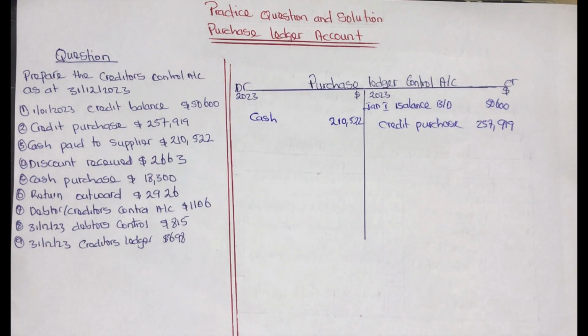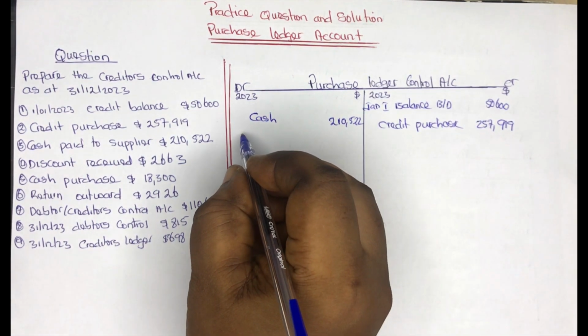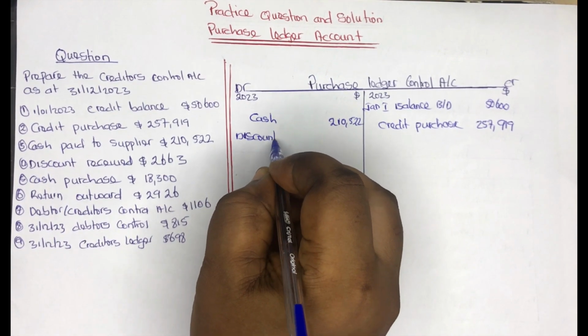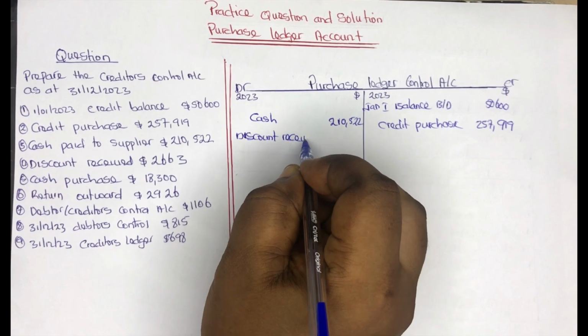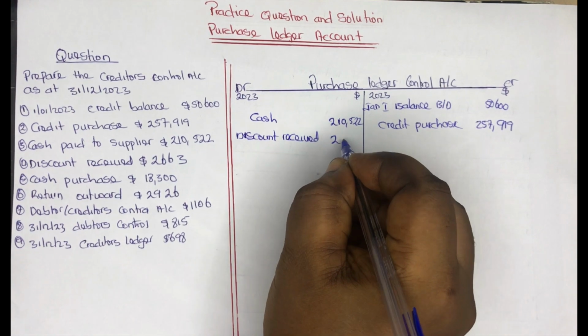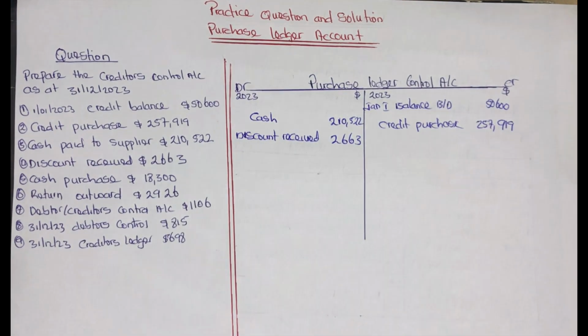Discount received is a debit, so we have discount received of $2,663. And then we have cash purchases. Remember, cash purchases do not go into the purchase ledger control account because they are recorded in the purchase day book.